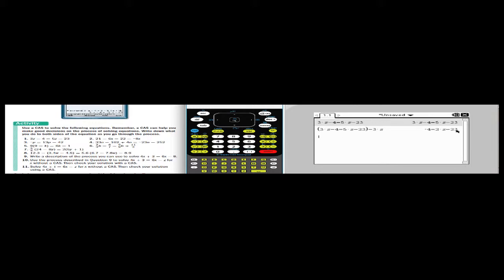Next thing I need to do is to work on this 23, so I'll need to add that to both sides of the equation. And so I will add 23 plus 23, enter. And so we get plus 23, and 23 minus 4 is 19, equals 2 times z.